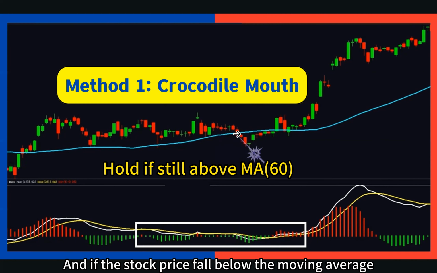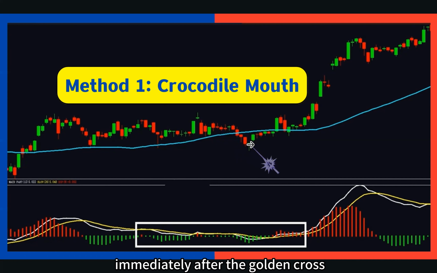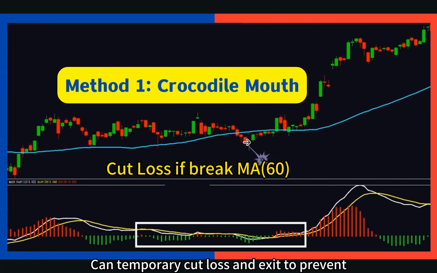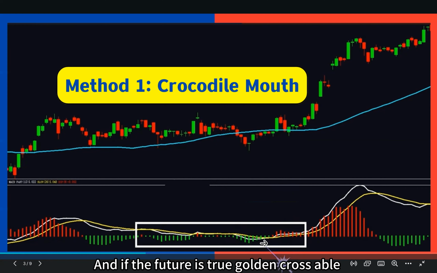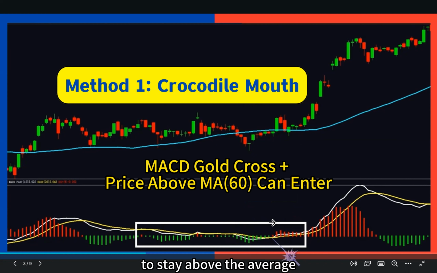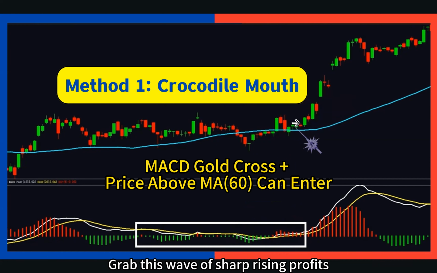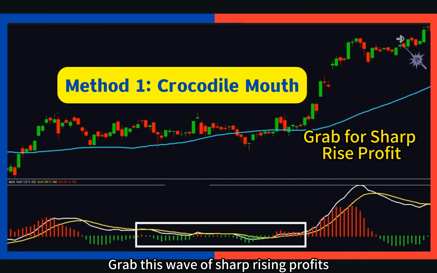And if the stock price falls below the moving average immediately after the golden cross, then we can temporarily cut loss and exit to prevent the risk of a big drop. And if it is able to stay above the average through the golden cross, then you can hold strongly and grab this wave of sharp rising profit.